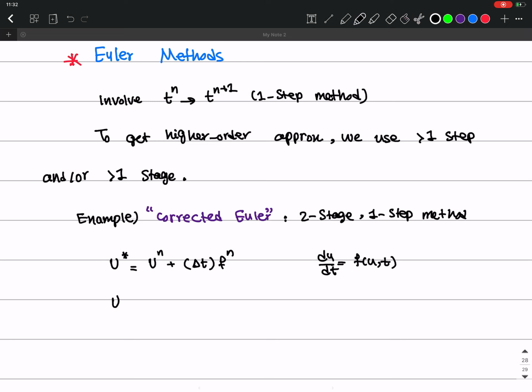And then, the first one is called the prediction step, and the second one is the correction step, where we take that un again and then add delta t times 1/2 of f at step n plus 1/2 of f of u star at tn plus 1.